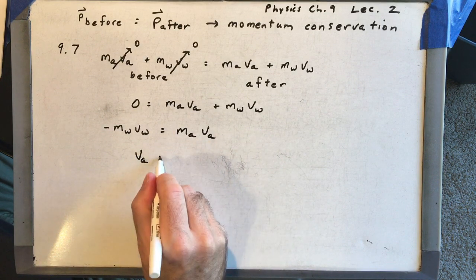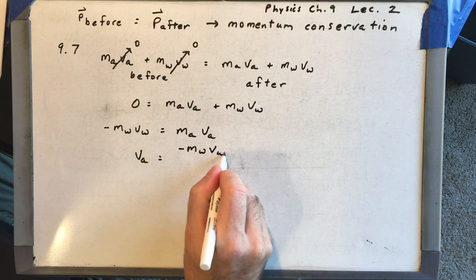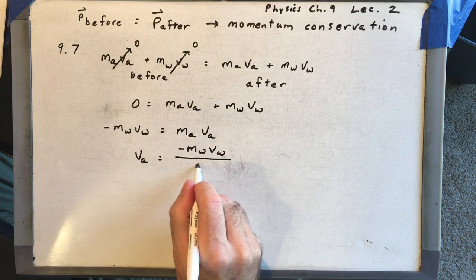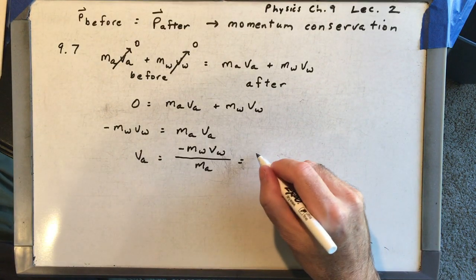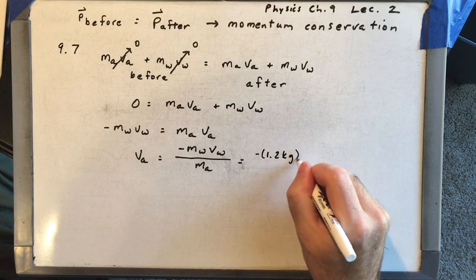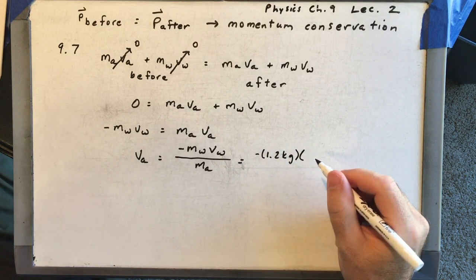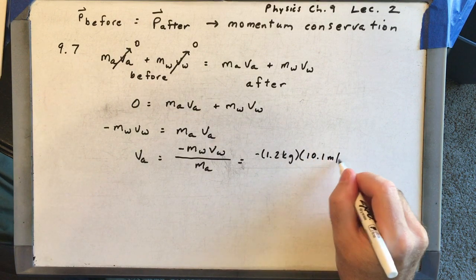Solving for velocity of the astronaut, it'll be minus the mass of the wrench, velocity of the wrench, over the mass of the astronaut. The wrench is 1.2 kilograms, so minus 1.2 kilograms. The velocity he threw it at was 10.1 meters a second. He should have thrown it a little harder.